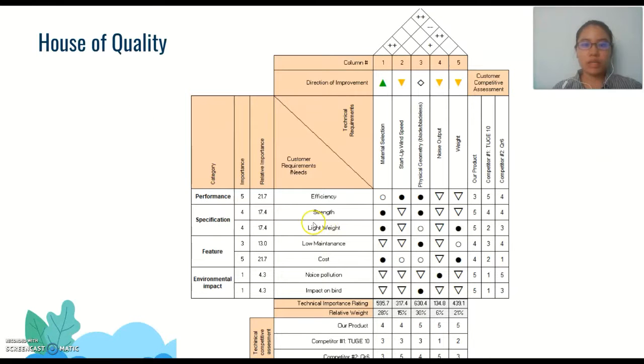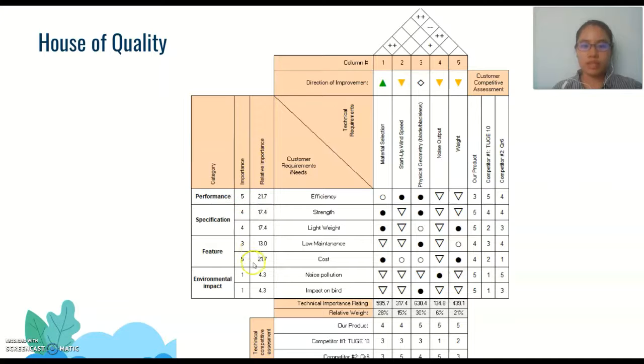In the house of quality, we list out all the customer requirements, which include efficiency, strength, lightweight, low maintenance cost, noise pollution, impact on birds, and we include the technical requirements too. And we determine the relation between these two requirements. We also rank the importance of each customer requirement, where the highest rank is 5 and the lowest is 1.